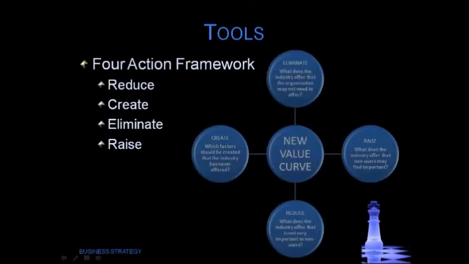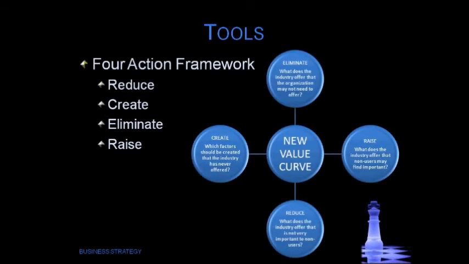Another tool that we use is what's called the four-action framework: reduce, create, eliminate, and raise. So eliminate things that the industry offers that the organization might not need to. Maybe the customers don't care that much about it. What is it that the industry offers that non-users might find important? We want to raise those items up.